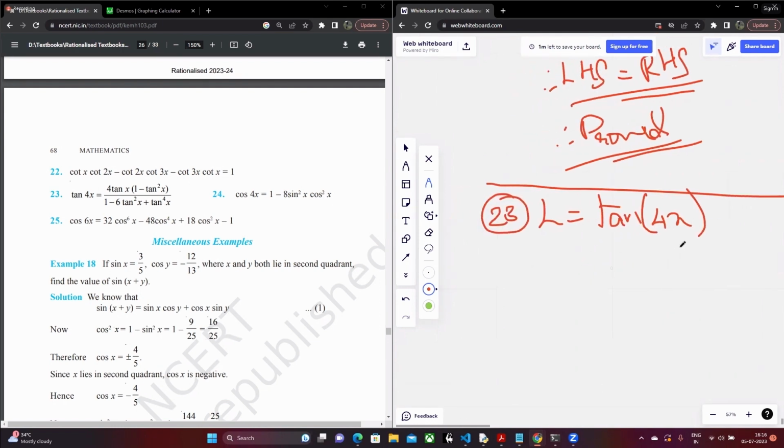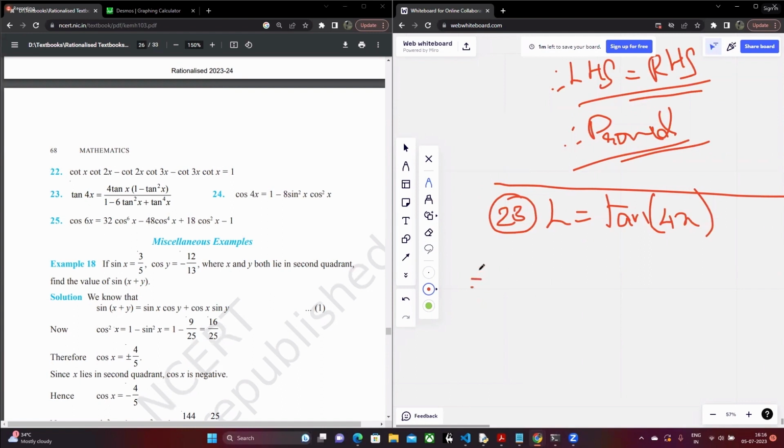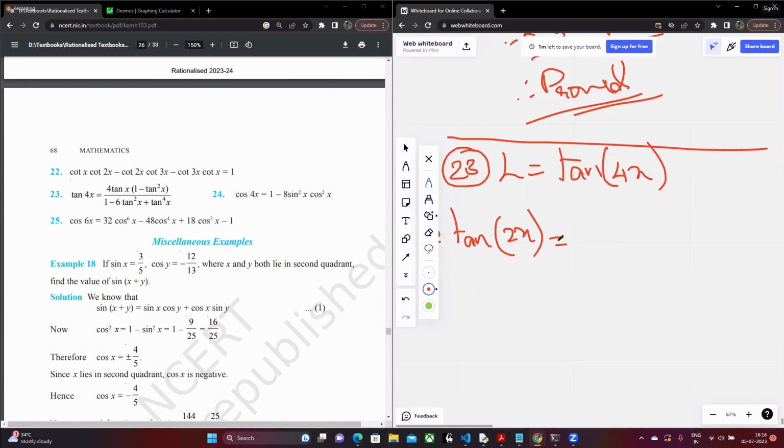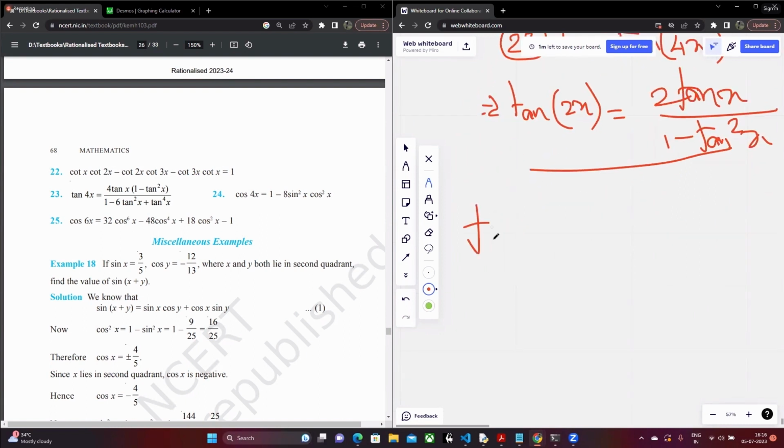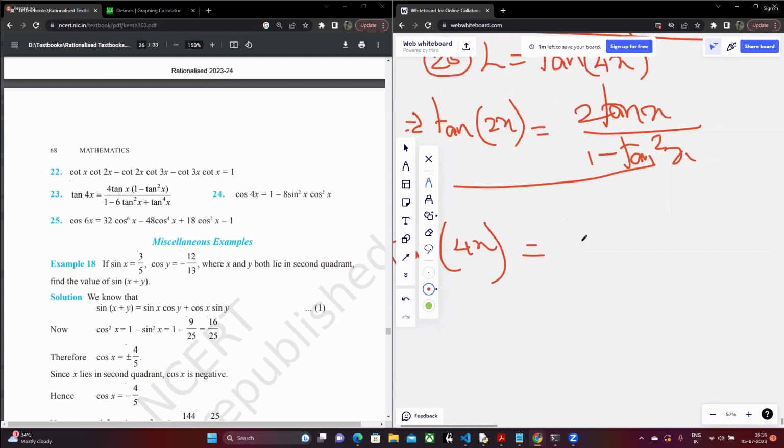All right. So LHS is equal to tan 4x. I hope you all know the formula for tan of 2x. I think it's given to us in the rule also. But anyway, I'll restate it over here. Right? Tan 2x is basically 2 tan x divided by 1 minus tan squared x. Right? So tan of 4x can be written as tan of 2 into 2x, right?